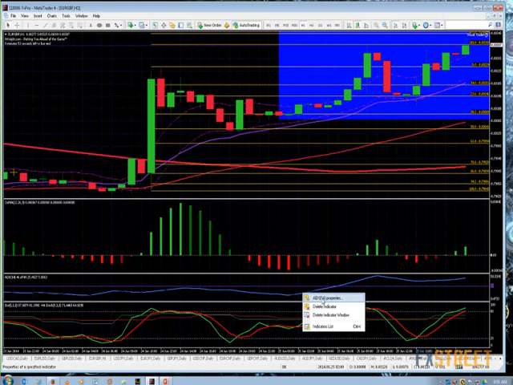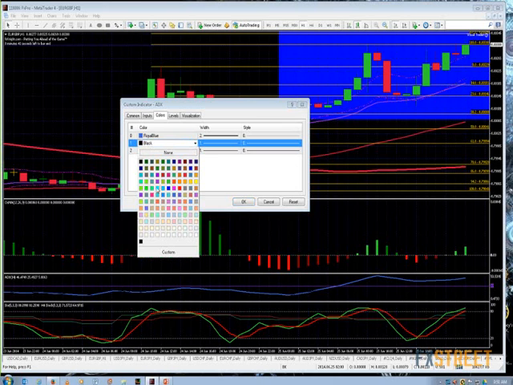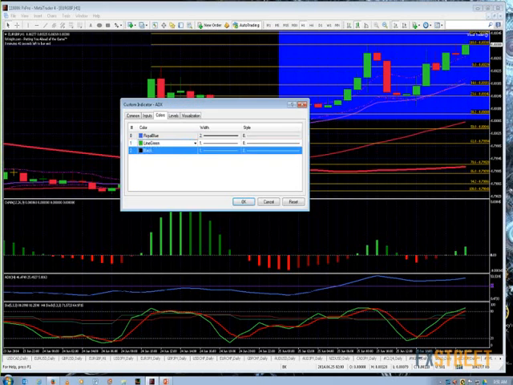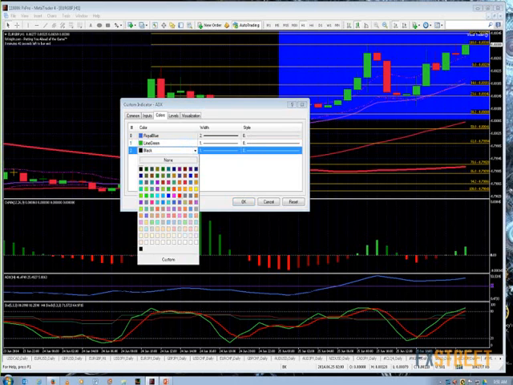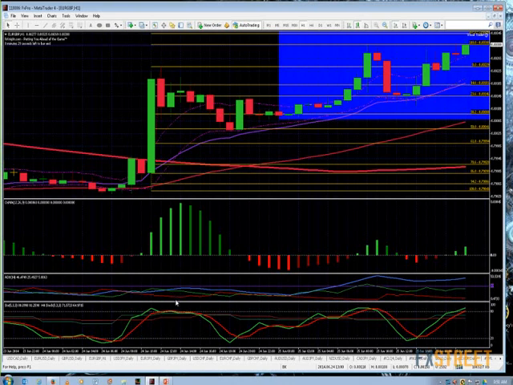Yeah, ADX is itself a momentum type indicator. You're absolutely right. If I make the positive DI green, the negative DI red, look what happens. When the green is over the red, I'm posting green bars.